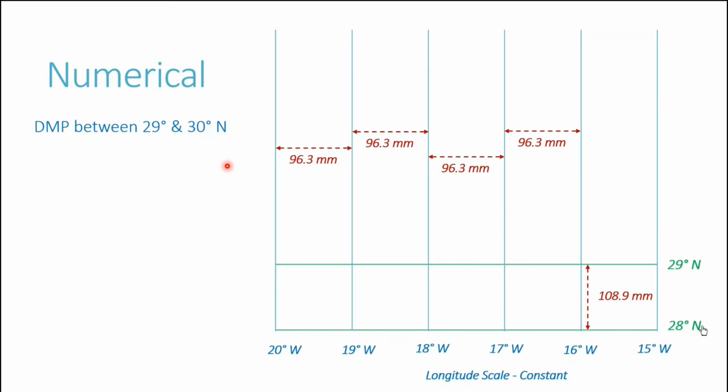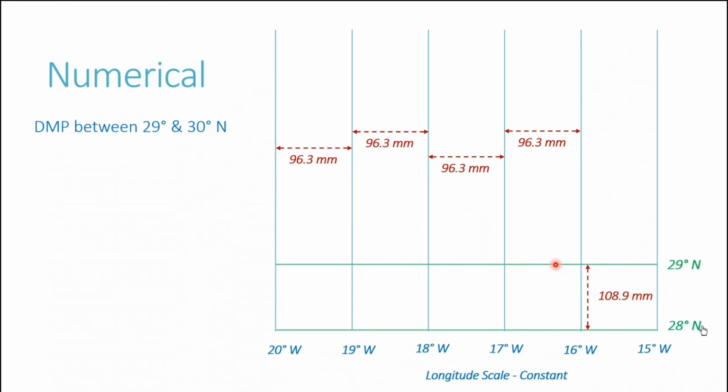Now keep in mind that the difference between the parallels of latitude will not be constant, will not be fixed, as it was in the case of meridians or longitude. Between every two longitudes, the distance was 96.3 millimeters. But this does not apply, or this does not happen with parallel of latitude.